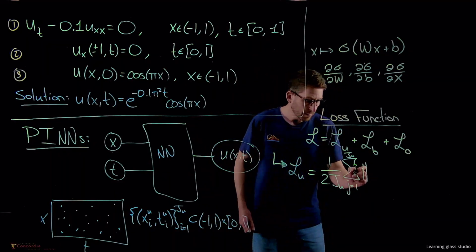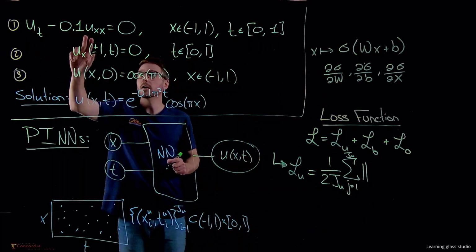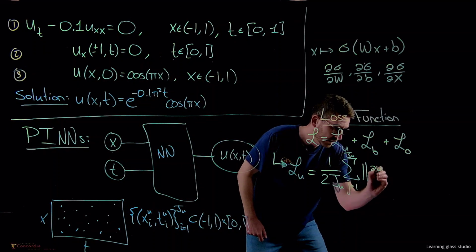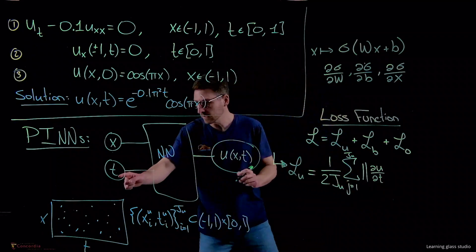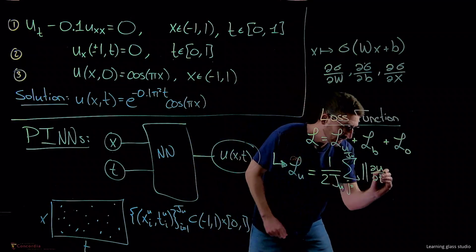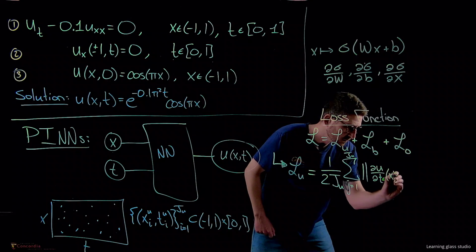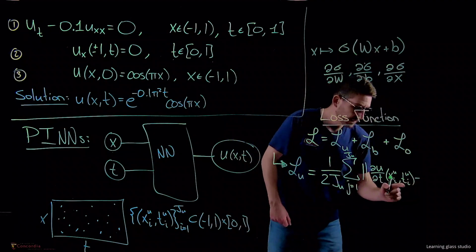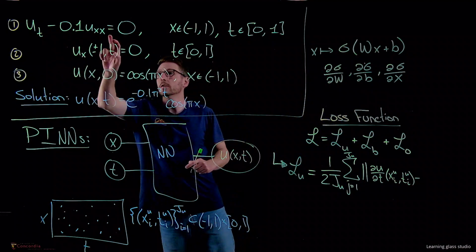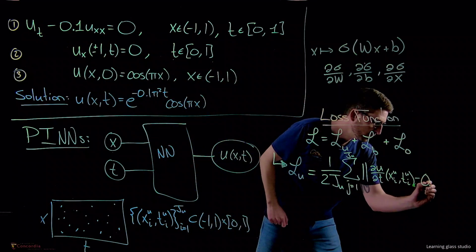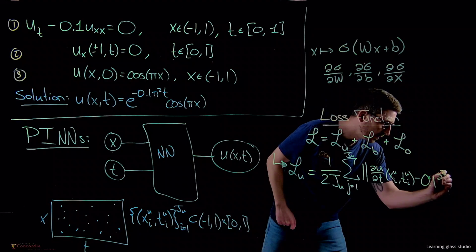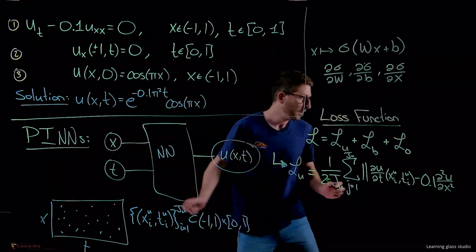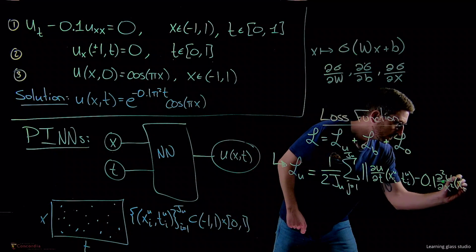If I want to satisfy the PDE, then the partial derivative of the neural network with respect to the t argument, evaluated at each of the points, should by the partial differential equation be equal to 0.1 times the second partial derivative of the neural network with respect to the other input, x, at all the same points.